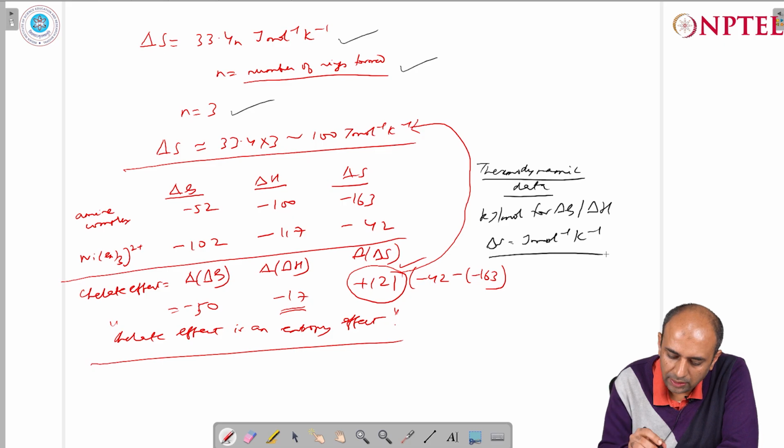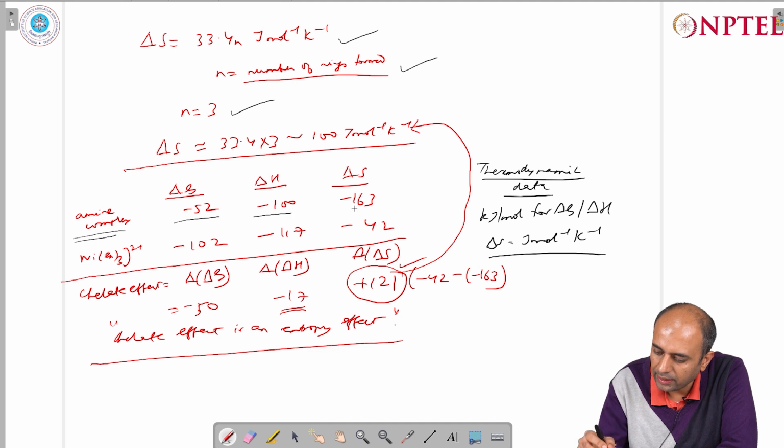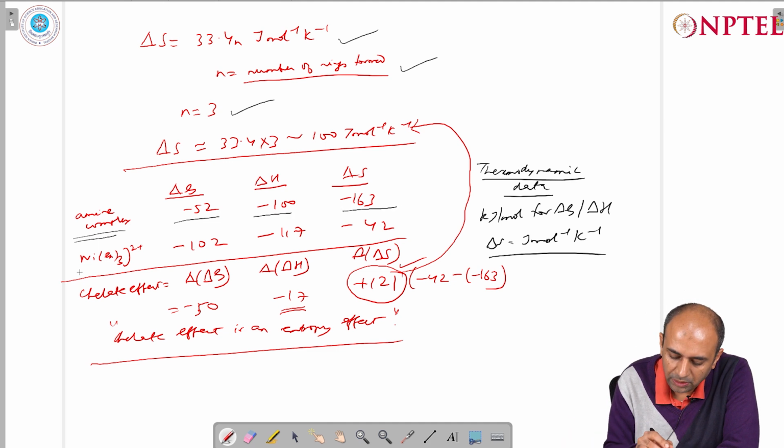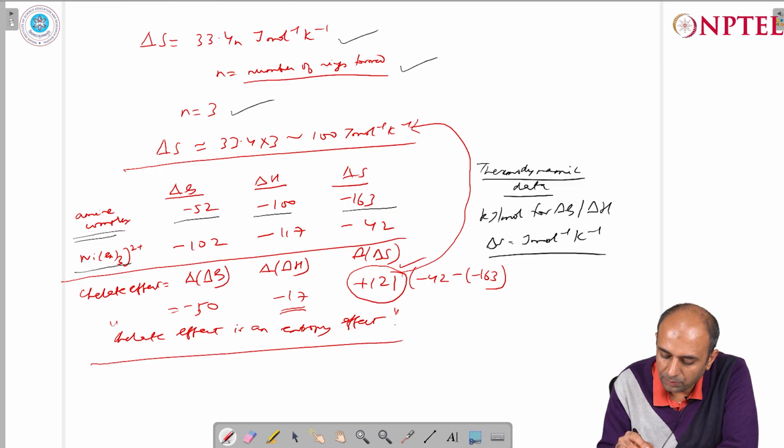If you were to see the formation of the amine complex, the delta G value is minus 52, delta H is minus 100, and the delta S contribution is minus 163. For the formation of the tris ethylene diamine nickel 2 complex, the delta G for the process is minus 102, the enthalpy change is minus 117, and the entropy change is only 42.